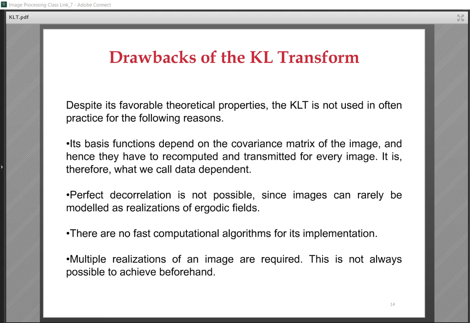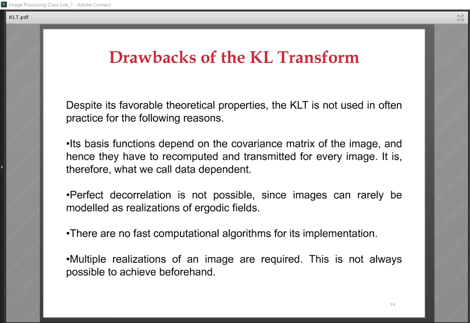I go here. Then the next item: there are no fast computational algorithms for its implementation. For example, we saw that for DFT we had FFT, and for DWT we had FWT: fast Fourier transform, fast Hadamard transform, fast Walsh transform.